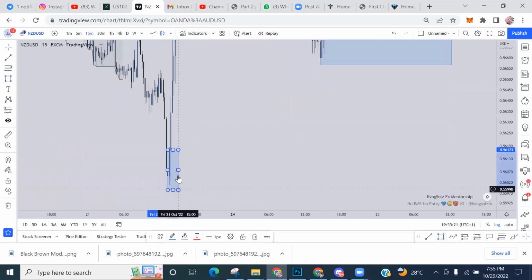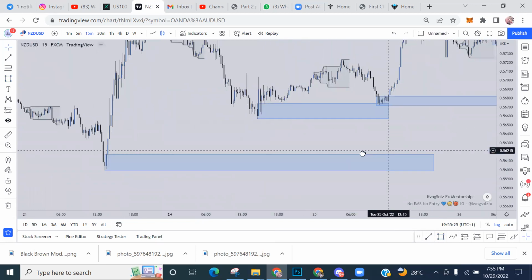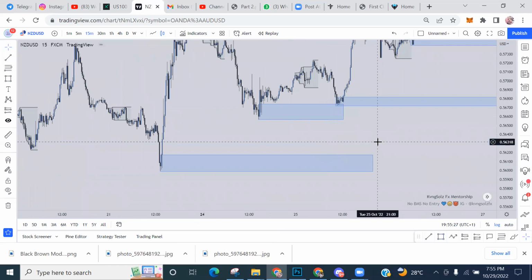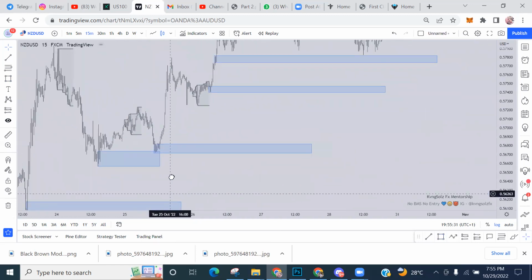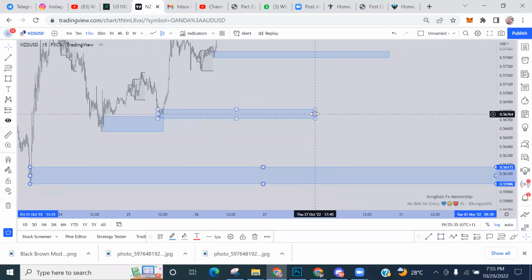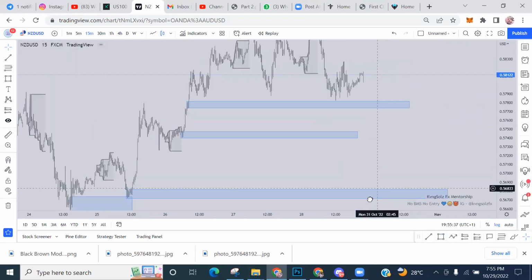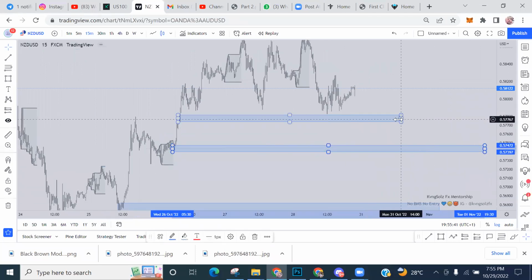I don't like this pair. It's not fresh, but it can give you huge RR, honestly. Like if you just tap into your zone, it can just move. So this guy is good. This one is good. This one is good. I don't like this one. All right.